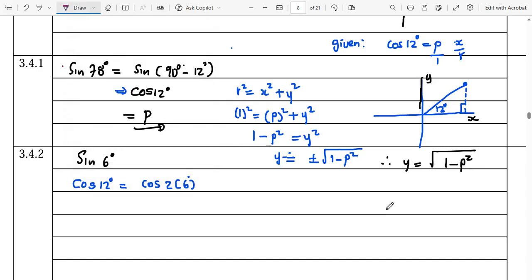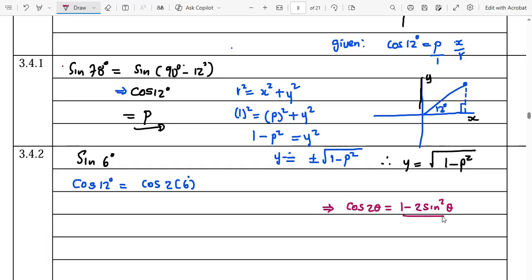So first thing first, remember the identities. How are the identities going? So the identities, they work like this. For double angle, this is the cos of 2 theta. We can write that as 1 minus 2 sine squared theta.